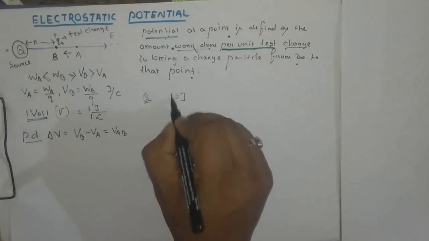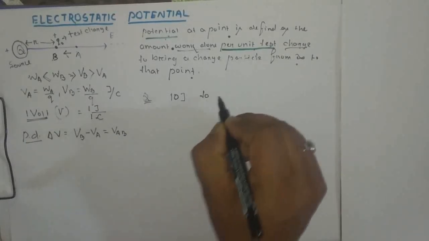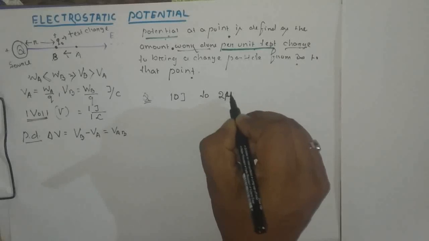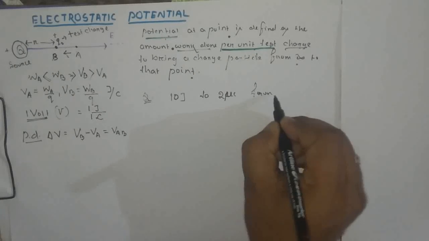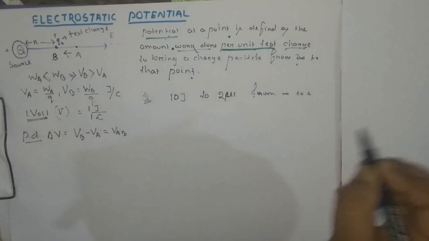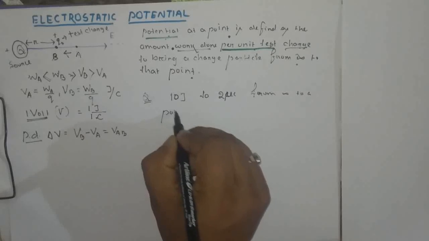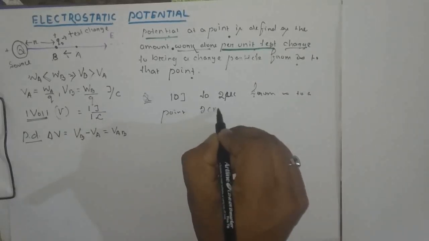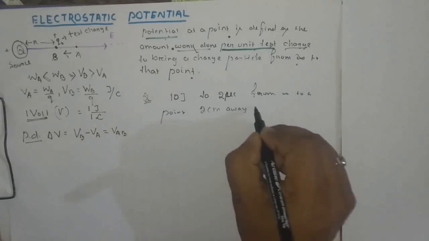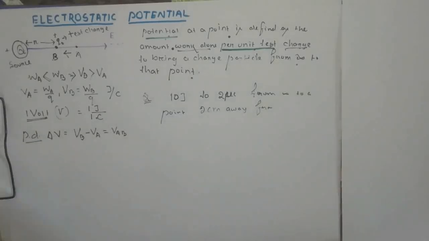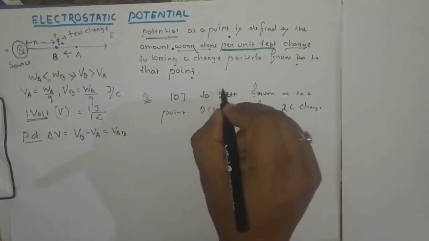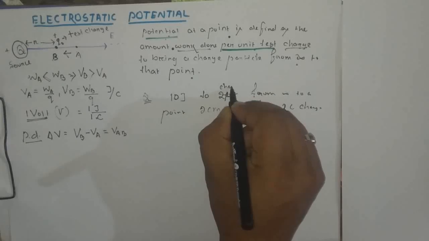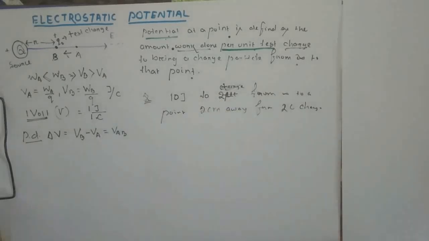If 10 joule work is done to move 2 coulomb charge, of course 2 coulomb is not possible, 2 microcoulomb charge, suppose from infinity to a point which is 2 centimeter away from a charge, to move a charged particle. Okay, to move 2 microcoulomb. Let us keep it. How to solve it?